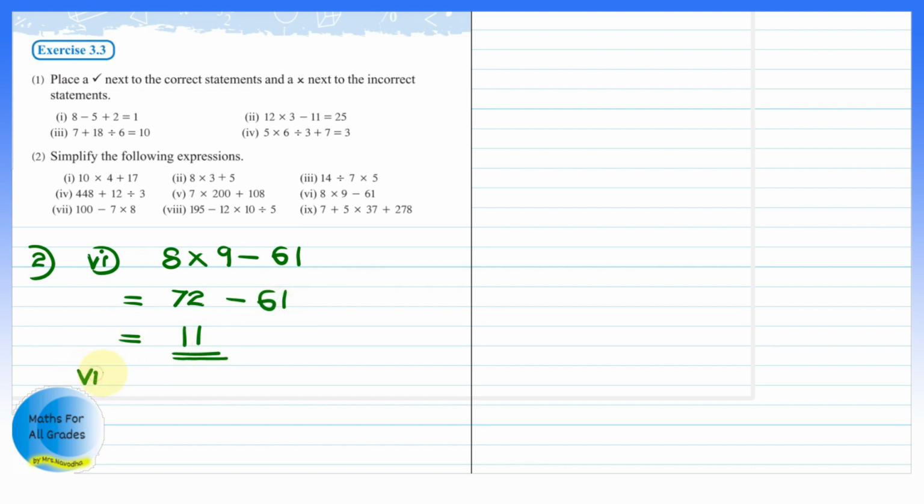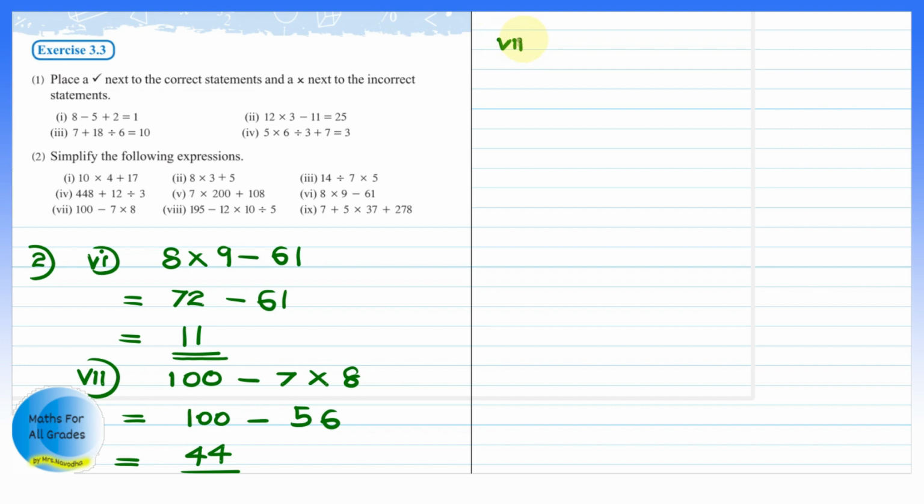Row number 7. 100 minus 7 times 8. Let's do the multiplication first. 7 times 8 equals 56. Subtract 56 from 100. You will get 44. Row number 8.